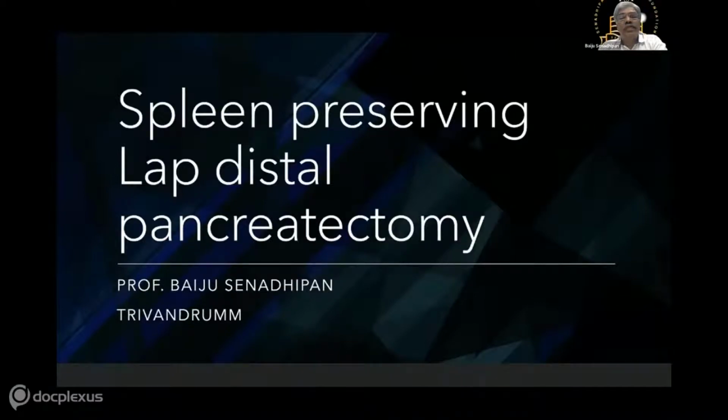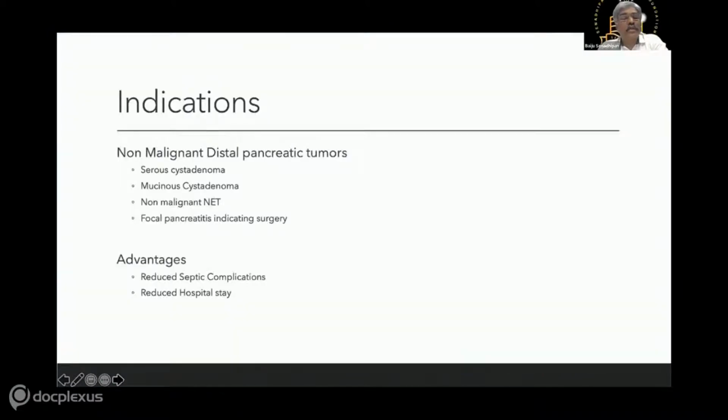I've been asked to present a spleen preserving laparoscopic distal pancreatectomy. Going through the indications, you all know that for serous cystadenoma and mucinous cystadenoma you can do spleen preservation. Non-malignant lesions probably, but you will have to evaluate the patient thoroughly before going for a spleen preservation.